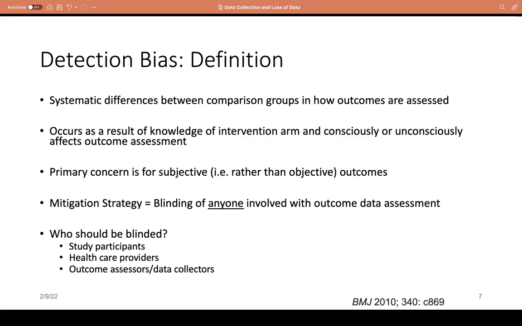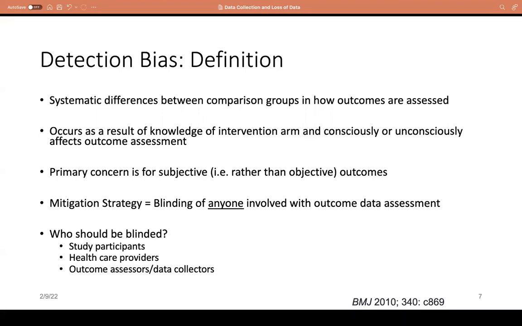The primary mitigation strategy here is blinding. This is something that I know you all have heard before. You really want to blind anyone who will be involved with the outcome assessment. So who should be blinded? Well, study participants are often blinded.